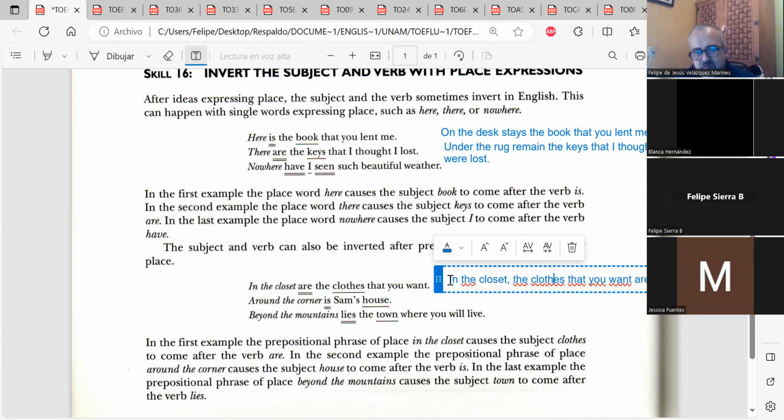Well, in this case it is main clause and subordinate clause. The clothes are is the main clause, that you want is the subordinate clause, an adjective clause.